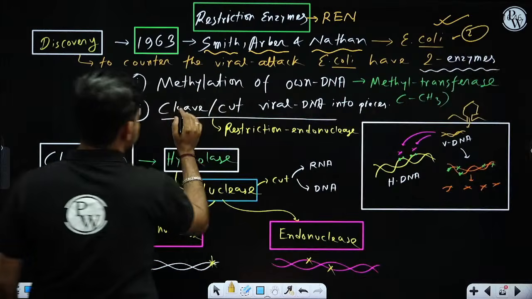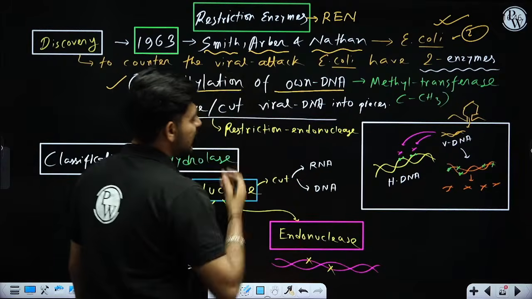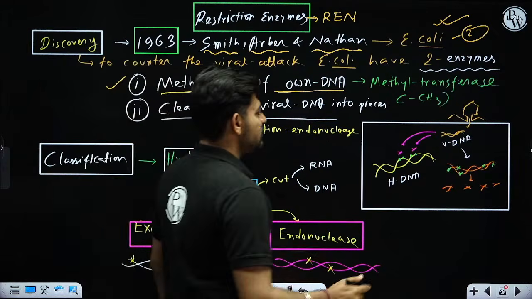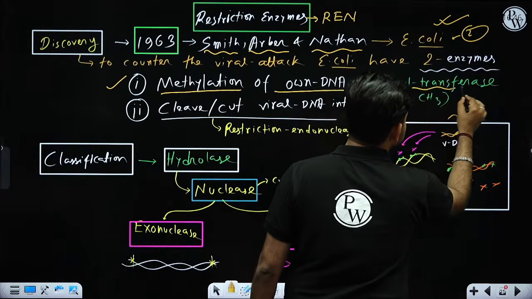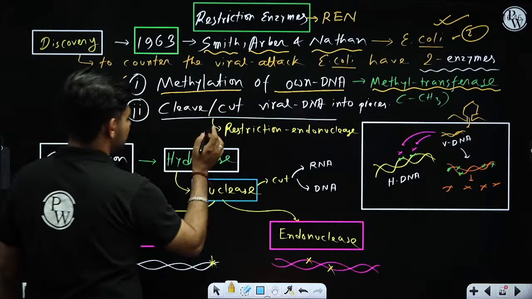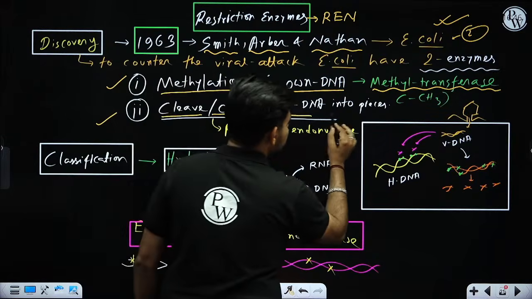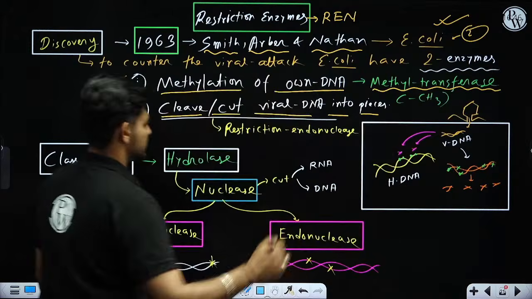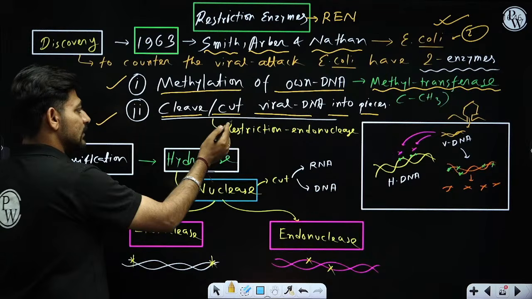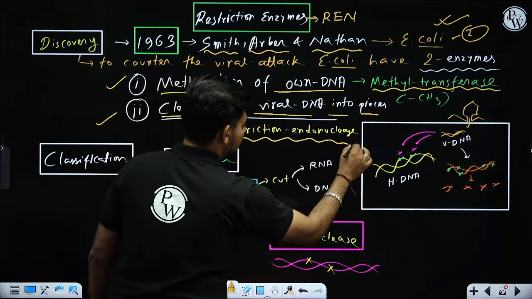First is responsible for methylation of its own DNA, and that enzyme is named methyl transferase. And the second enzyme has the capability to cleave or cut the viral DNA into pieces, and that particular enzyme is called restriction endonuclease.